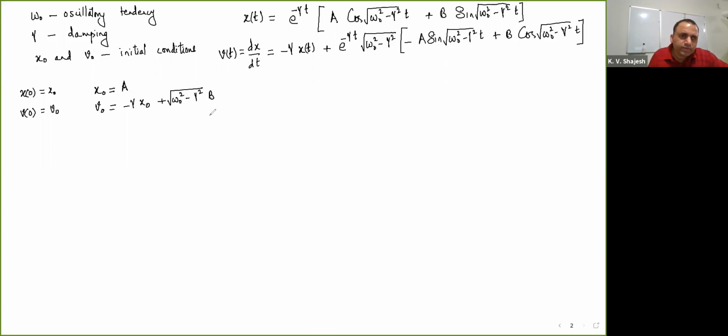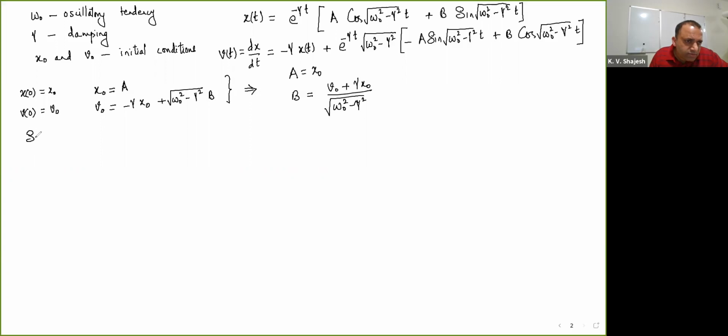So these together imply that a is equal to x naught and b is v naught plus damping coefficient gamma times x naught, divided by the square root of omega naught square minus gamma square, which then substituted into the first line of the solution gives you the solution in terms of the initial conditions. So this is the complete solution.